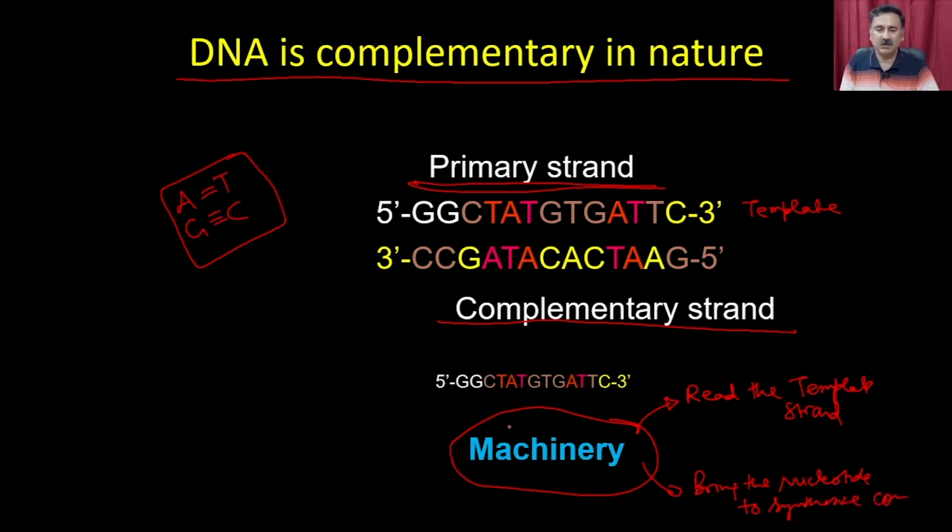Okay, so this is what you are supposed to do, right? And this machinery is readily available in the biological system. You remember that when the DNA is replicated, you utilize this particular machinery for replication.